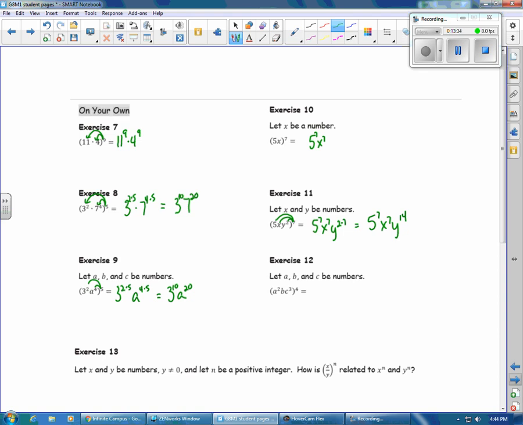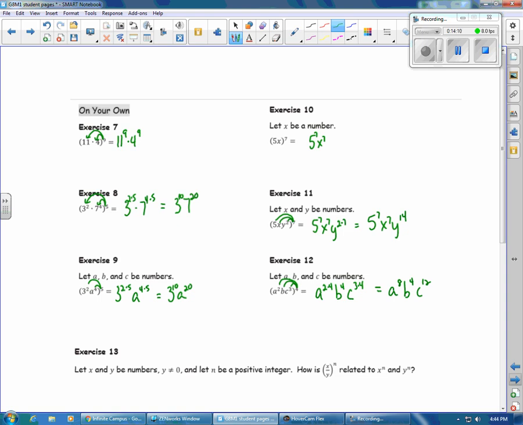And the last one, exercise 12, please pause the video and see if you can do it, and then unpause it and come back and see if you did it the same way I am. Okay, so a to the 8th, b to the 4th, c to the 12th.